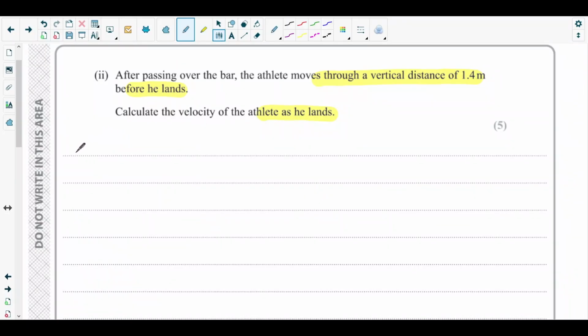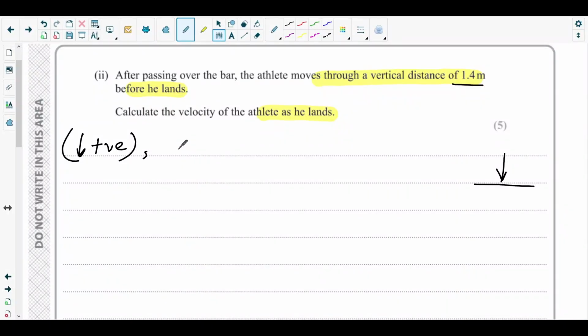So consider the vertical motion, taking downward as positive. At the maximum height, the initial speed will be 0. We need to find the speed with which he will hit the ground vertically, the vertical component of final velocity. Acceleration is g, and distance is given.